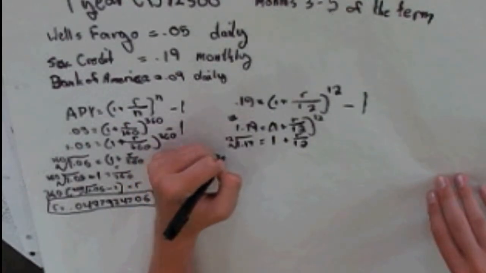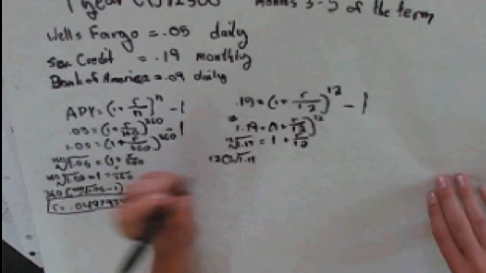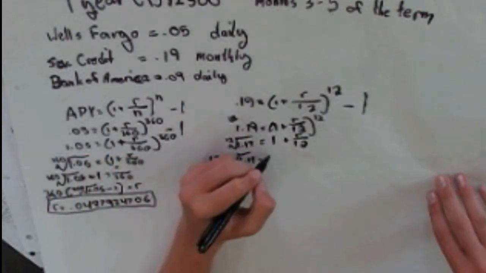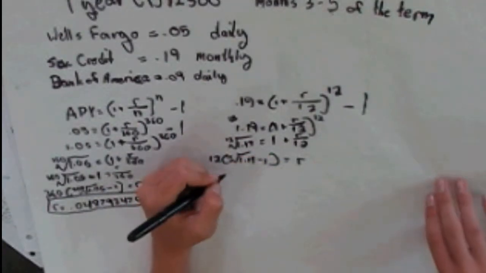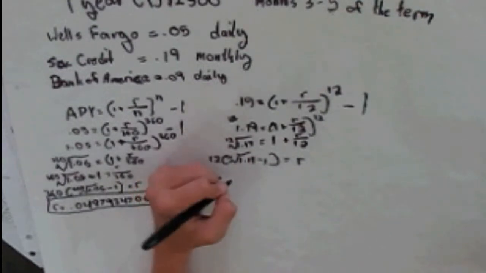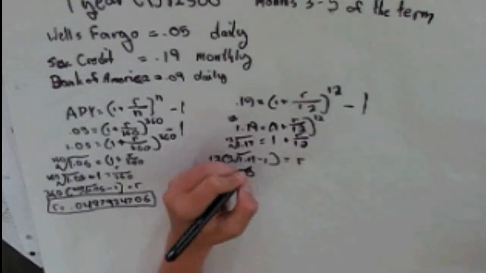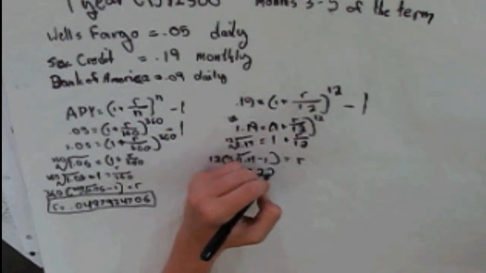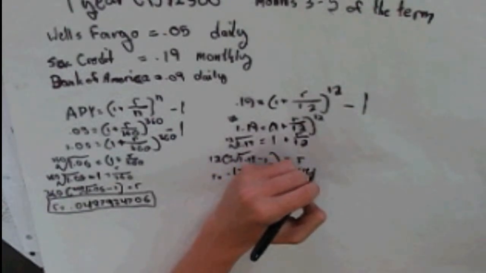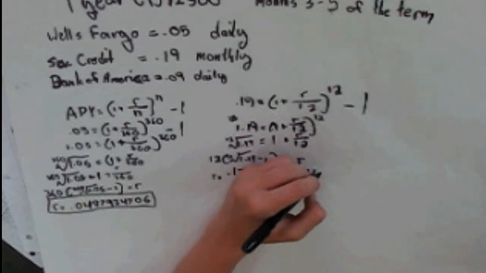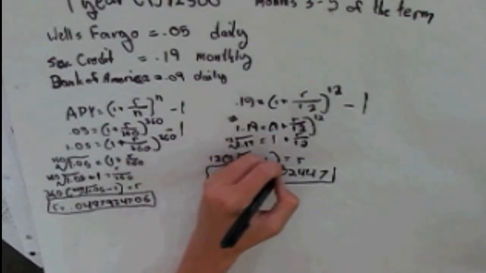So it'll be 12 times the 12th root of 1.19, minus 1, in parentheses, equals R. And when you plug that into your calculator, your R value is going to be 0.17522024447. And that is the rate at the Sacramento Credit Union.